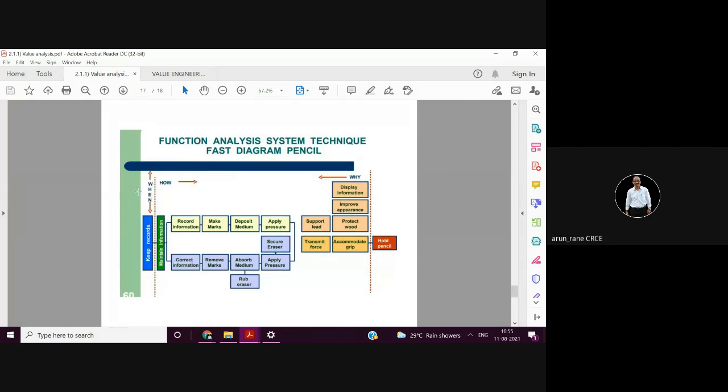Then based on this, your function, and based on your why analysis, you prepare this functional analysis system technique. That is called the FAST. So this is useful for documentation. This is a FAST diagram for the pencil, holding a pencil and writing down.